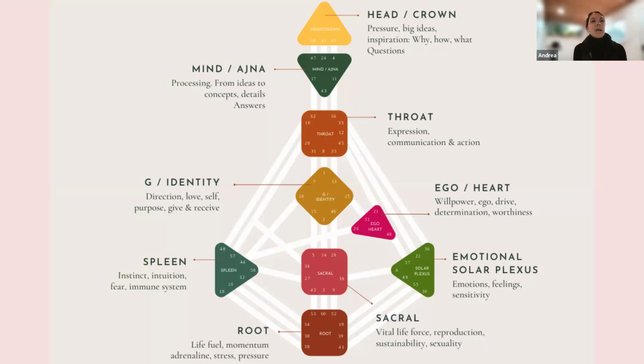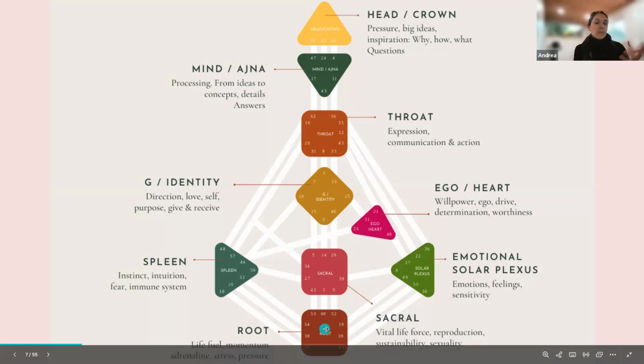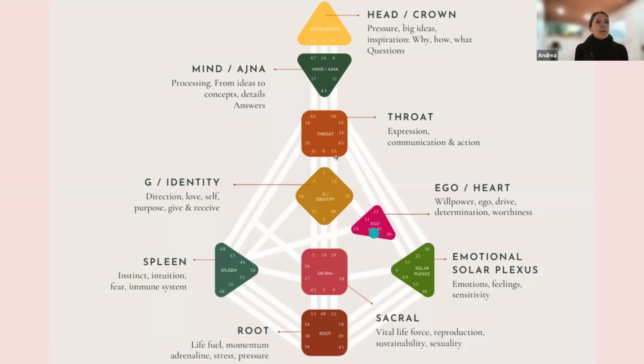In human design, there's actually 9 energy centers. Human design refers to them as the root, sacral, solar plexus, and then the heart center, throat, mind, and head. Those are the ones that we would typically know through other forms of chakras.